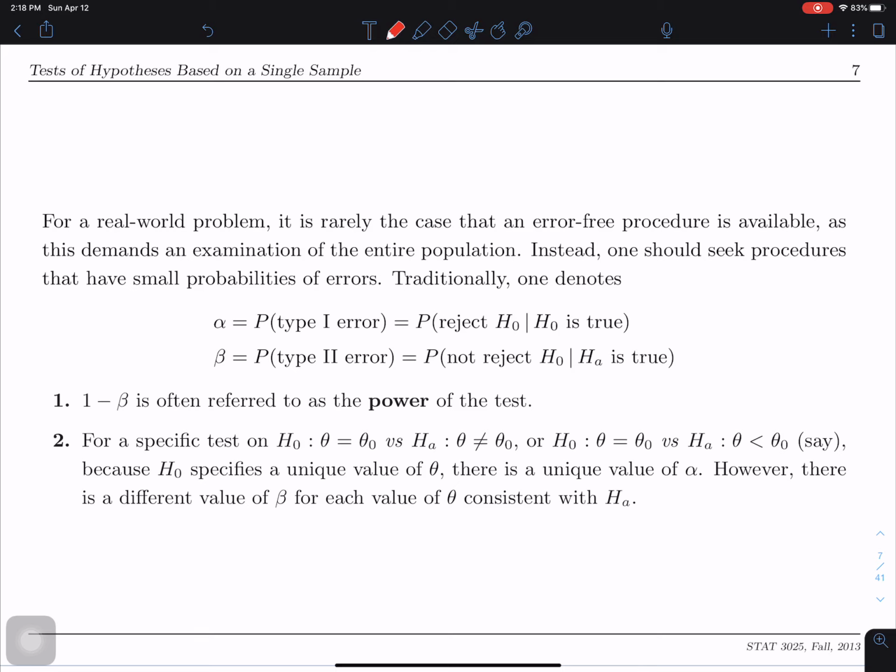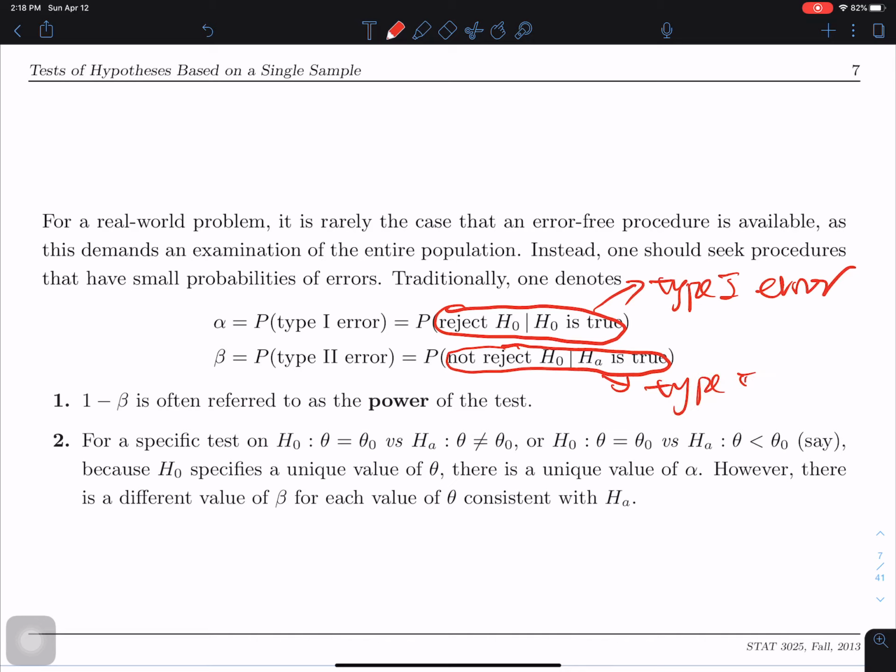Traditionally, we use alpha to denote type 1 error and beta to denote type 2 error, where the probability of type 1 error is the probability of rejecting H0 when H0 is true. So this statement is type 1 error. And this statement is type 2 error.